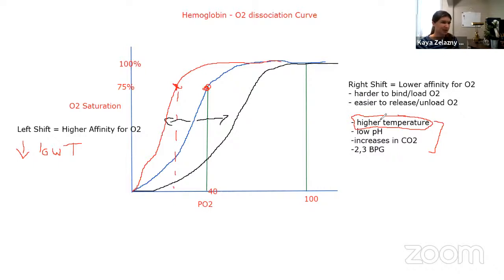We all know when we exercise, we get hot, we sweat. So you have a higher temperature often at these respiring tissues, making it easier to unload O2. But often in the lungs, we'll have a lower temperature than at the tissue, meaning that we have a higher affinity for O2, making it easier to load the oxygen onto that hemoglobin. So this can vary throughout our system as well.